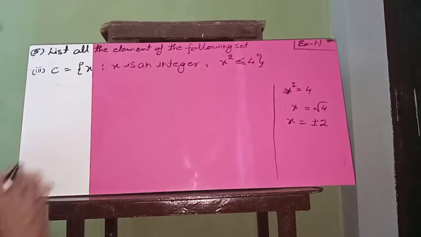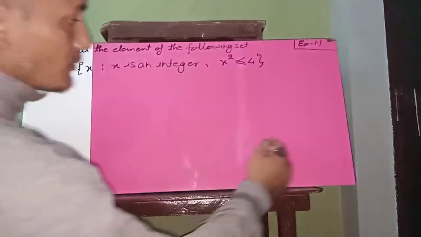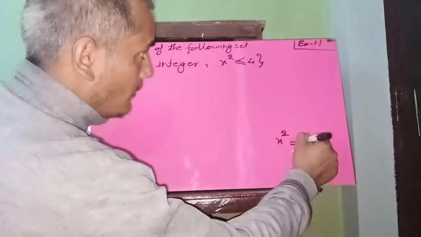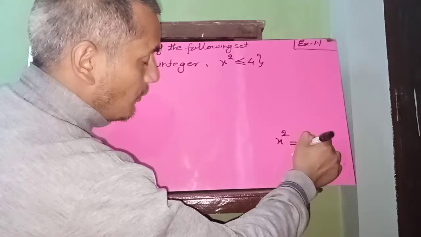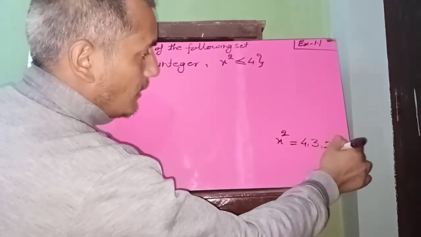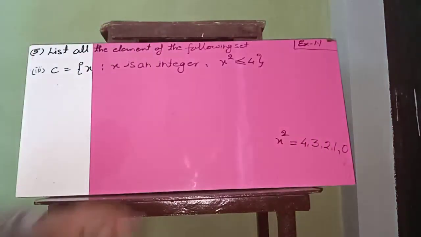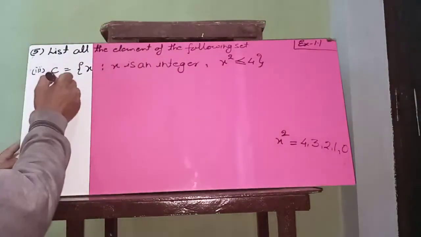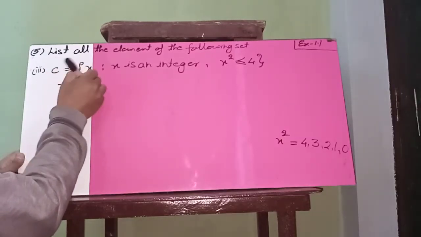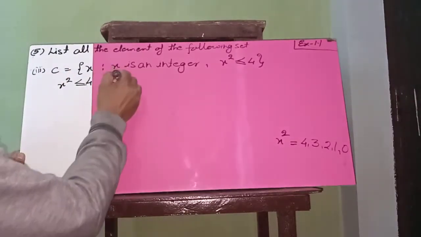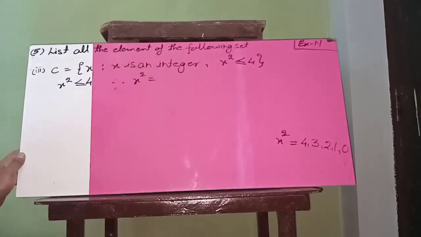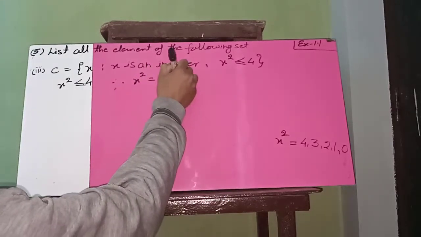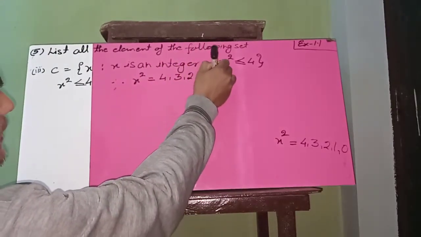So the value of x square is 4, 3, 2, 1 and 0, because x square is less than or equal to 4. The possible values of x square are 4, 3, 2, 1 and 0.